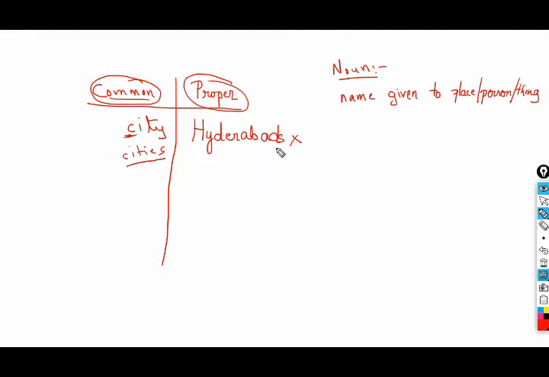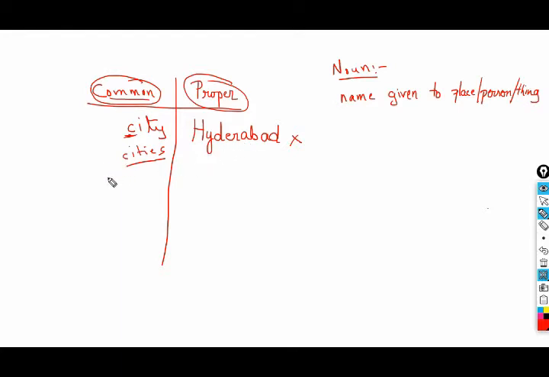So the word Hyderabad can never be made plural. It is always singular. Because of this uniqueness that it has, it is always written starting with a capital letter, irrespective of its position in a sentence.